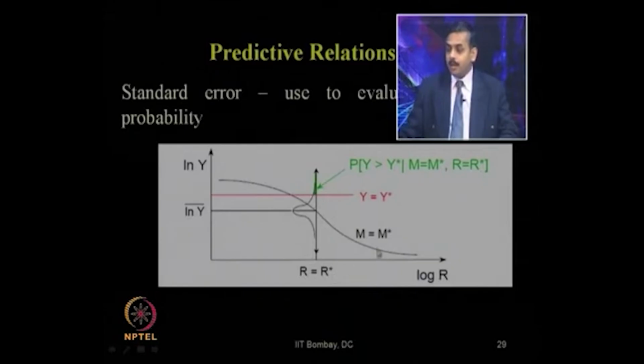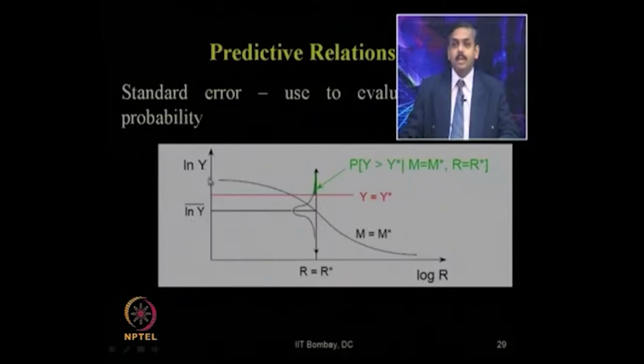So, for a particular value of that curve at m equals to m star for a chosen parameter with attenuation relationship. Now, if you select a value of r, okay, along that r, if you find out the probability distribution function, this is conditional probability.